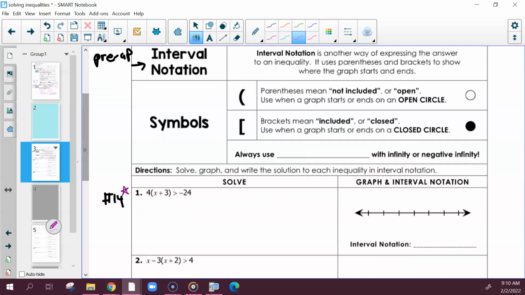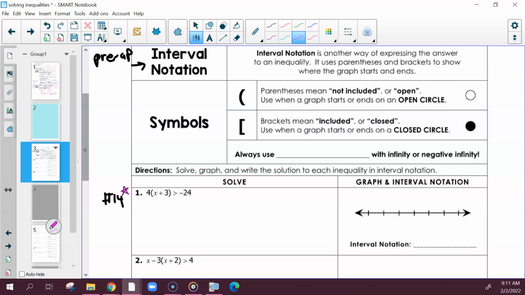But you have to relate it to what we were just talking about. If we use a parentheses, that means it's not included. It's an open circle. If we use square brackets, not curly, that means it's included, or a closed circle.